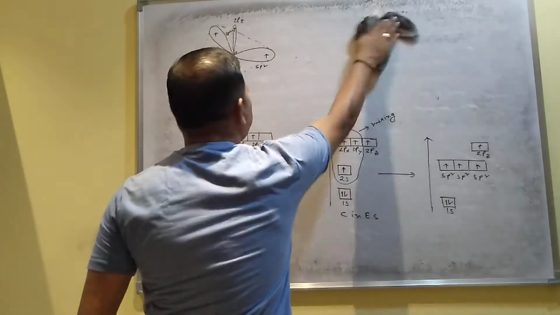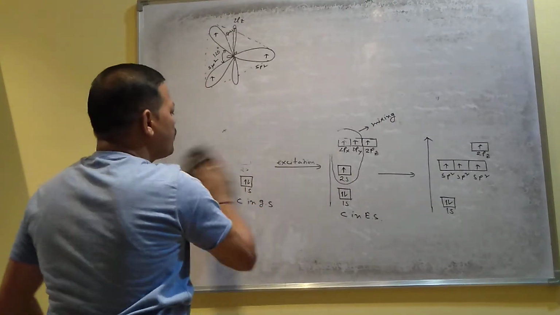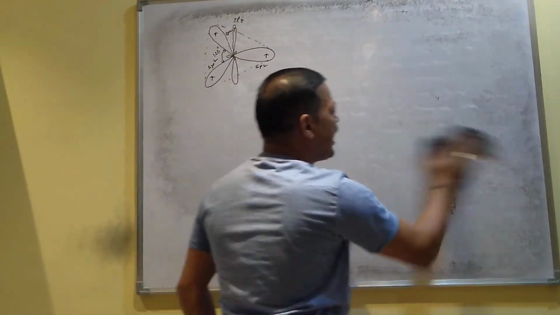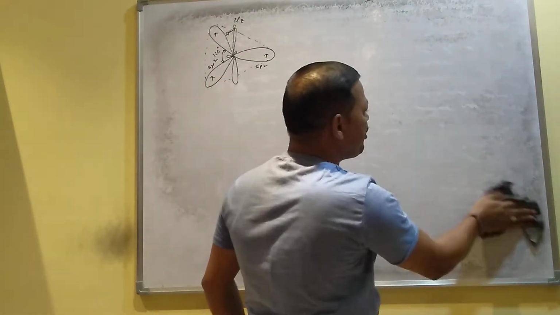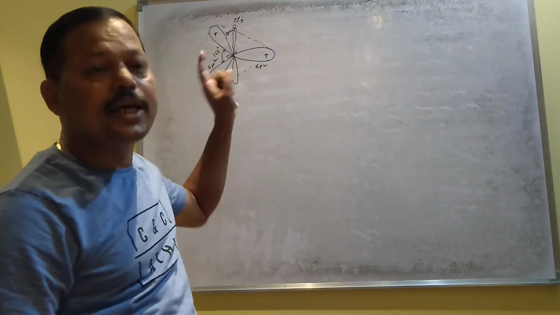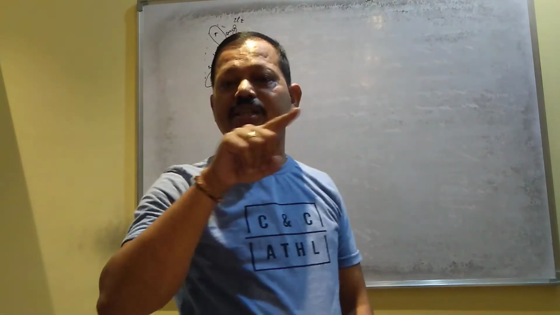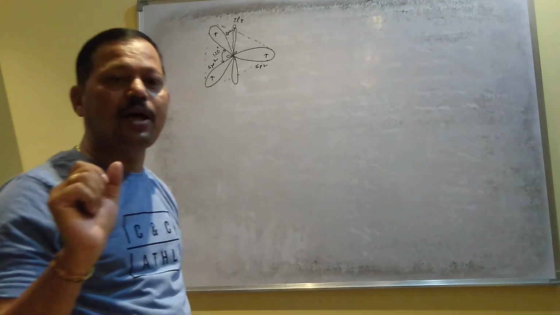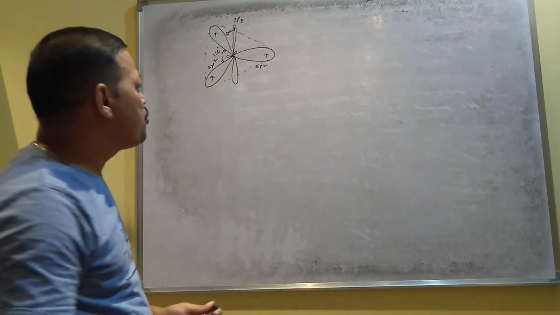Now, if you want to draw the structure of ethene, I mean alkene. As you know, alkene contains a carbon-carbon double bond. Every alkene undergoes sp2 hybridization. I mean, when a carbon is a single bonded carbon, it undergoes sp3, and when a carbon is a double bonded carbon, it undergoes sp2 hybridization.